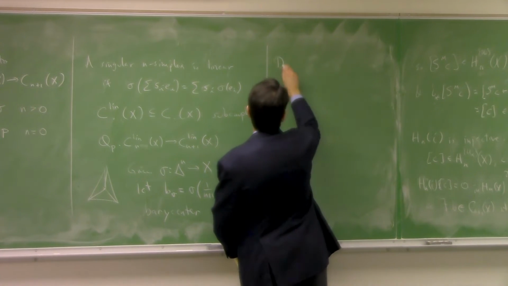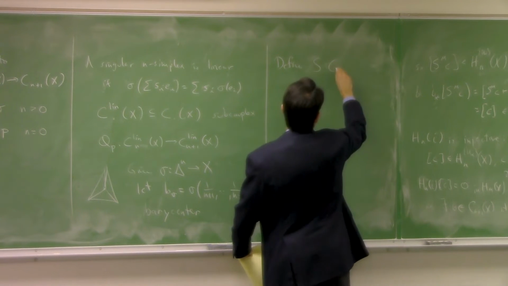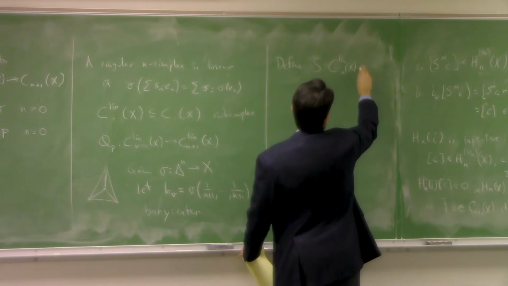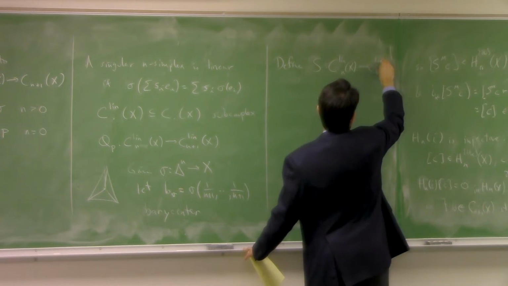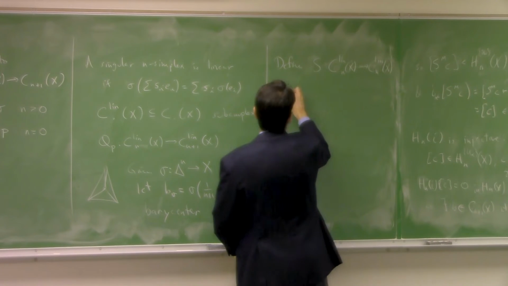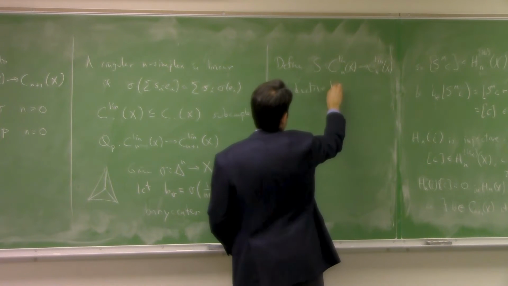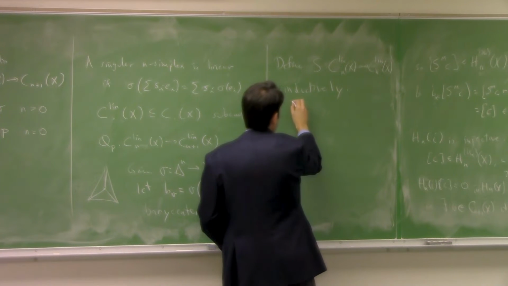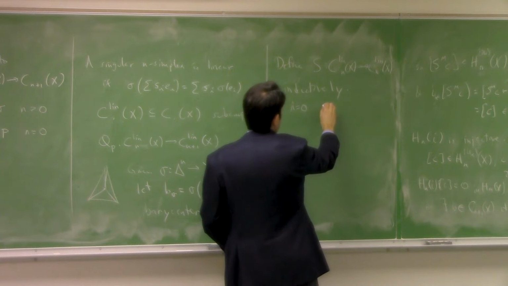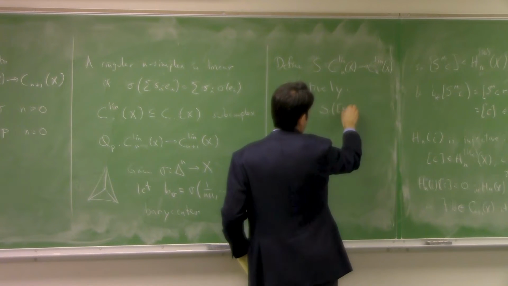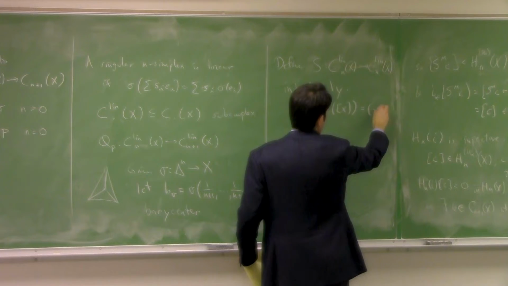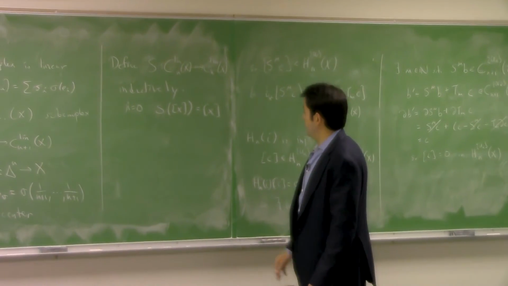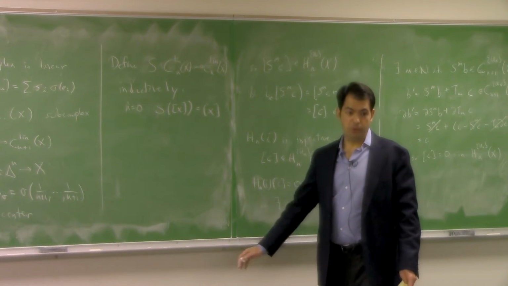Okay, so define S from linear singular simplices to linear simplices inductively. In degree 0, so if n is equal to 0, then S of a point is that same point. So the subdivision of a point is nothing, just a point.